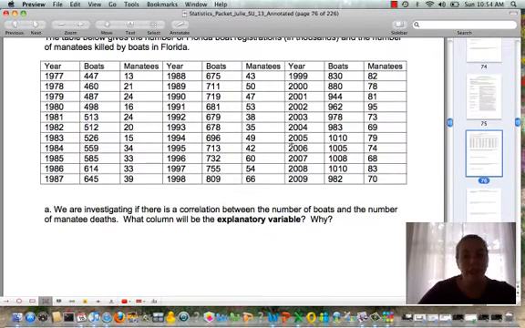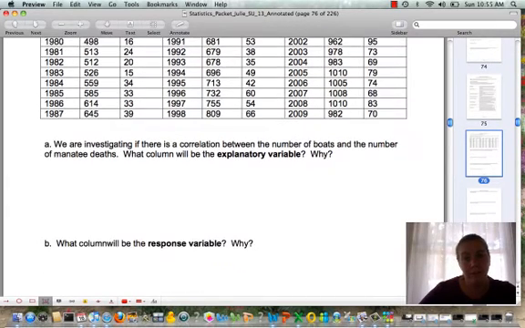Okay, so investigating the explanatory variable, we remember the explanatory variable is what causes the change. So in this case, we suspect that the boats are causing the manatee deaths.